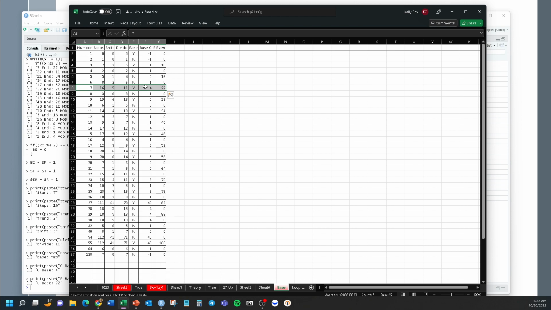So 5 shifts to the right. And so I can plot all those numbers on here, and none of them are going to have the same results. Every number is going to give me a different amount of steps, shifts, divides, and let me know if it's a base or not.